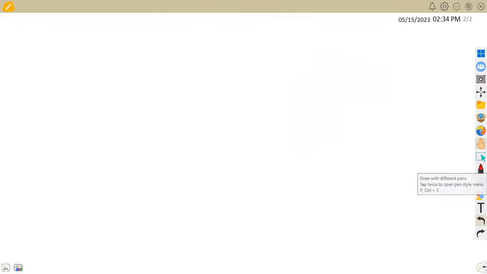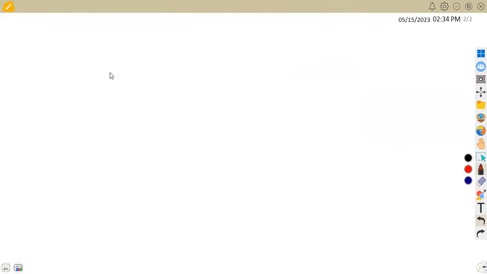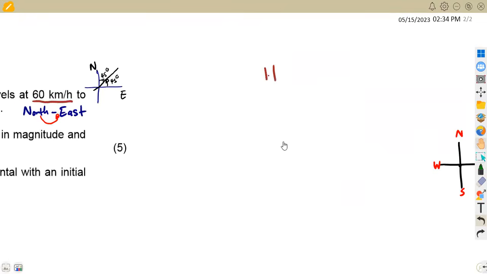Let's just have this in the form of a diagram. That is our question 1.1. We are given that these two cars are from a certain point. Let's say they are from this point here, where we have our north, our south, our west, and our east. Let's take the first consideration, what happened with the first car.